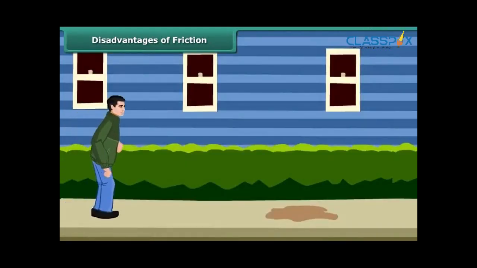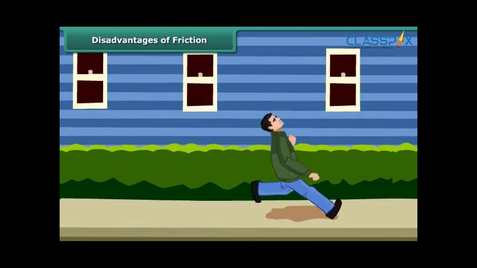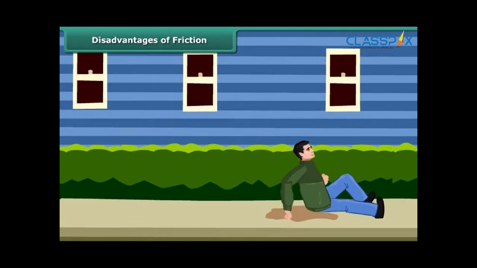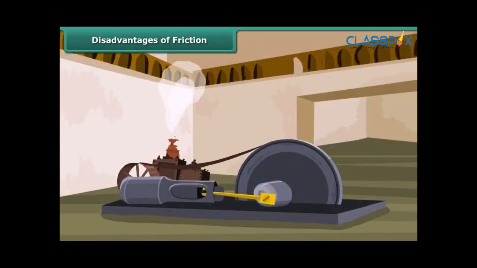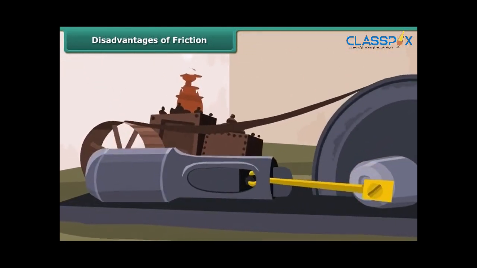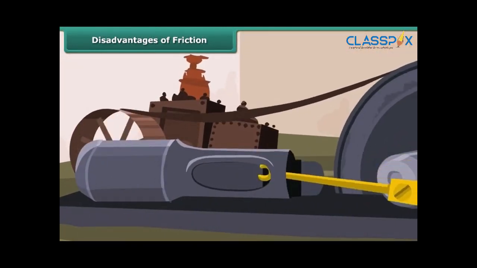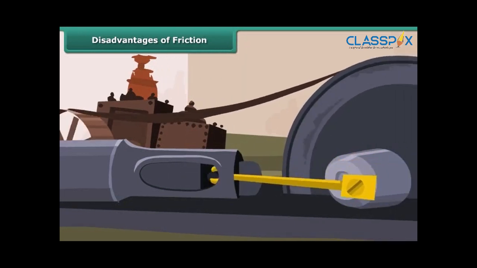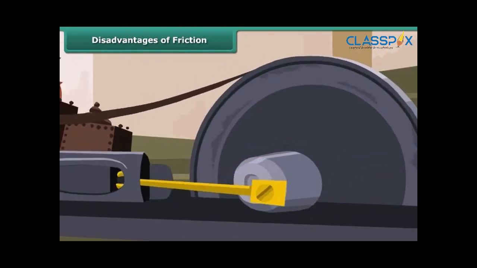When we step on a greasy or oily surface, our foot slips because friction gets reduced due to smoothness of the grease or oil. Friction reduces the efficiency of machines. Some of the forces applied to run a machine get lost in overcoming the friction between its moving parts.